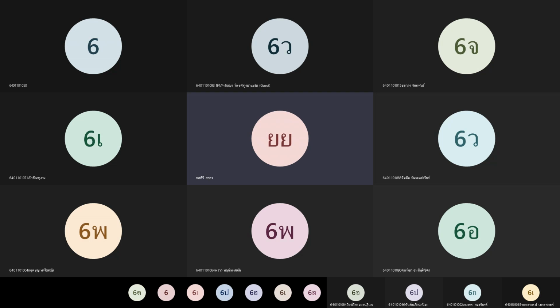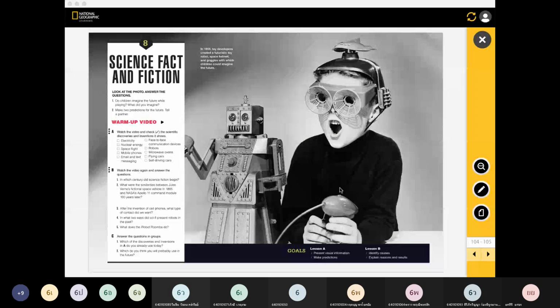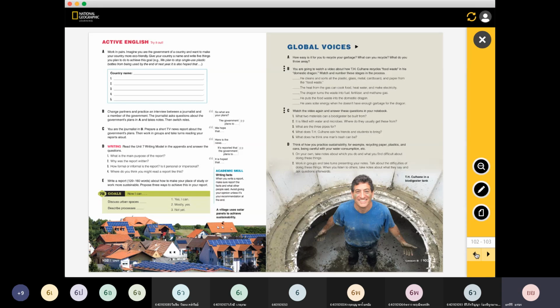So anyway, today we're going to talk about unit 8. In this unit, I'm going to refer back a little bit to the previous unit.